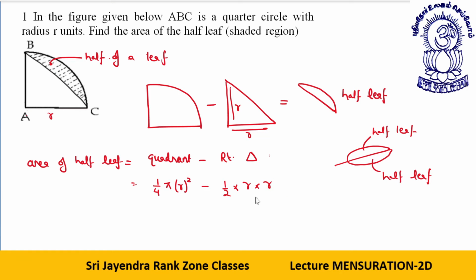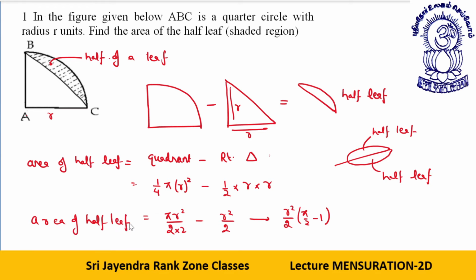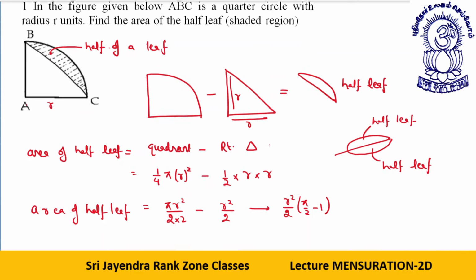So what do you get? You get pi r square by 4 minus r square by 2. Now you take r square by 2 into pi by 2 minus 1. This is the formula for area of half leaf, that is r square by 2 into pi by 2 minus 1.